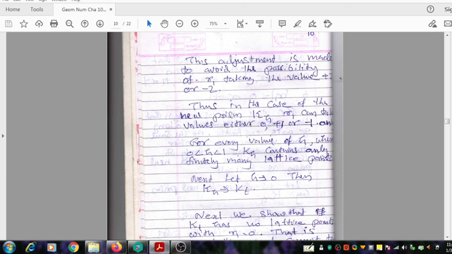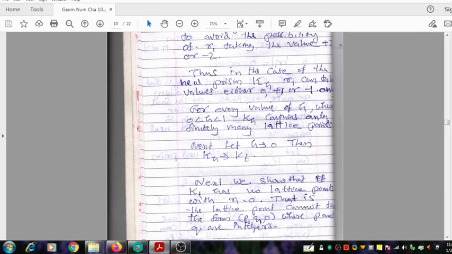Thus, in the case of the new prism, what is the new prism? The new prism is called K_h. In the case of the new prism K_h, as we shrink it, the maximum possibility for R1 would be plus 2 or minus 2.